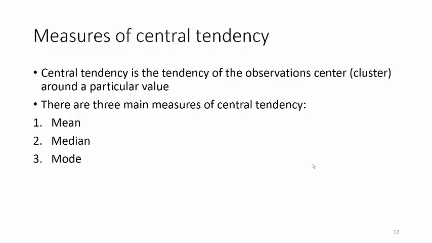The mean is the average you are used to. Well, you add up all the numbers and then divide by the number of numbers. The median is the middle value in the list of numbers.